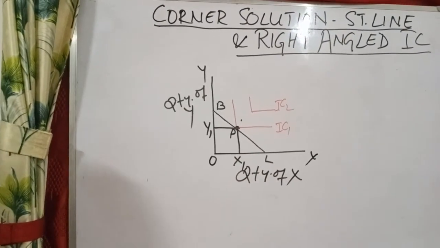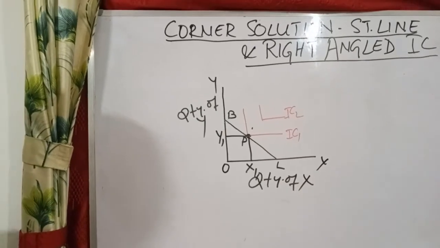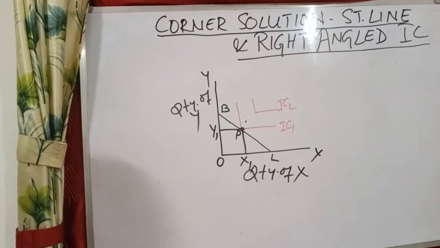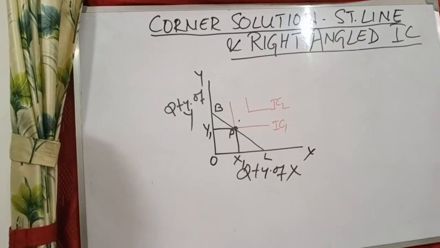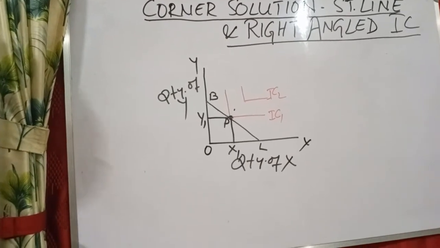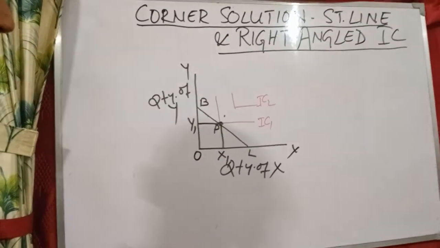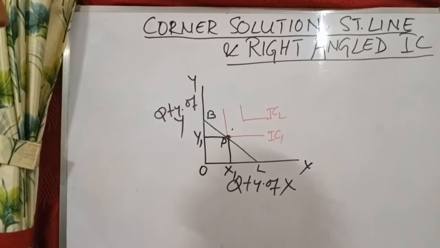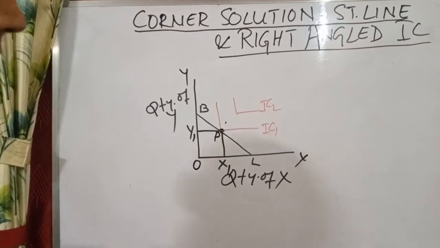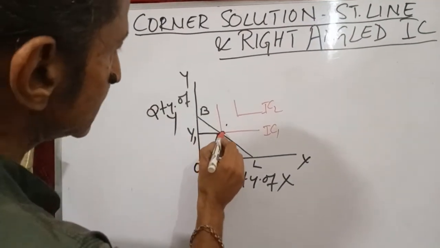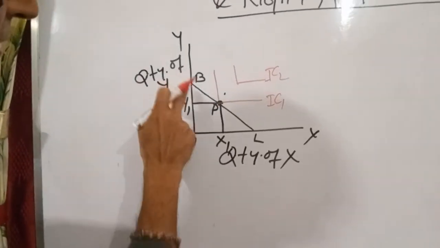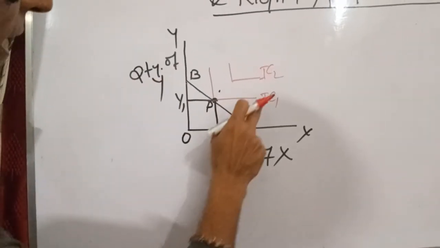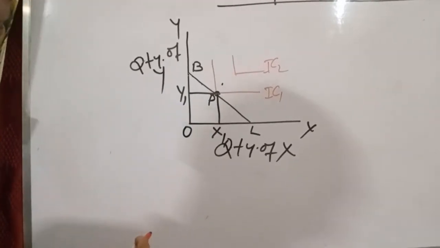Say for example, in making tea, leaves, milk and sugar are mixed in a fixed proportion. Now you see, this is the point of equilibrium when BL is the budget line and IC1 is the indifference curve.